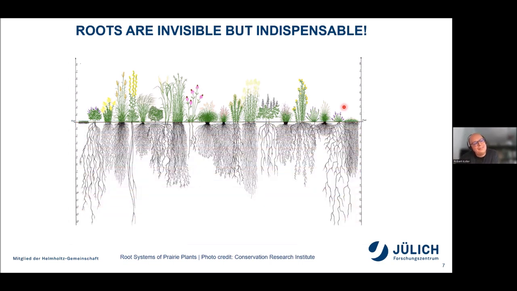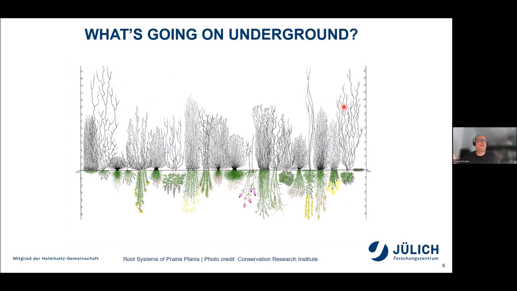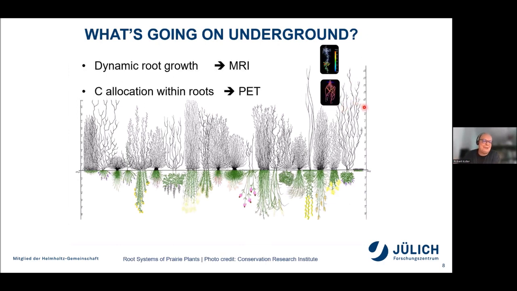But the structural diversity, and potentially also the functional diversity below ground, might be as high as the above-ground part of the plants. But it's so difficult to access, right? So the easiest way would be to simply turn around the root system and have a look and clamp our machines on this, but it's not possible.